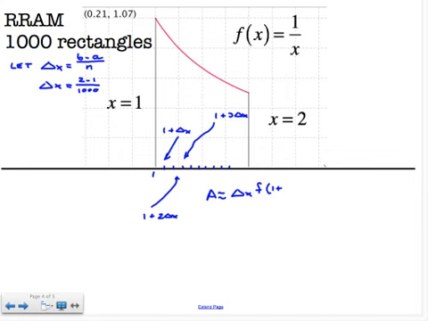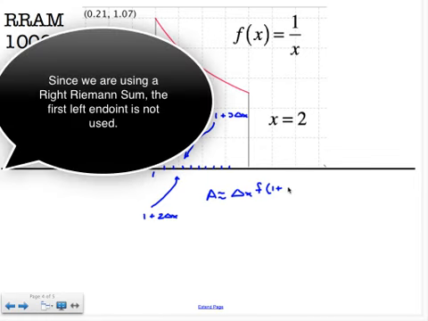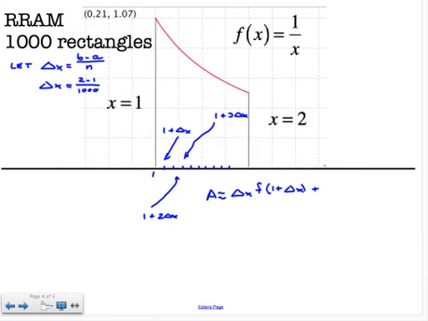The y value with the x value 1 plus delta x, which we could calculate because we know what the function is, but let's just leave it symbolic. Okay, the next rectangle will have an area of delta x times f of 1 plus 2 delta x. The next one will have an area of delta x times f of 1 plus 3 delta x.